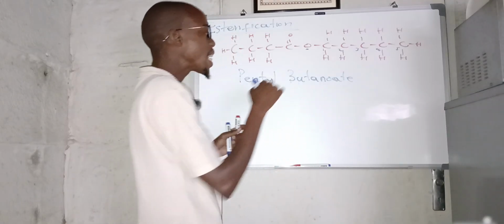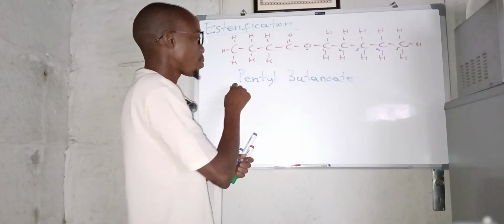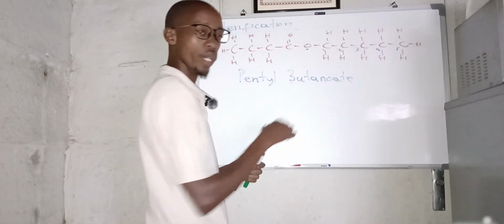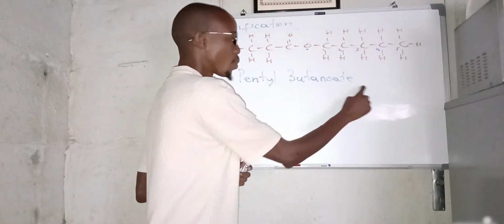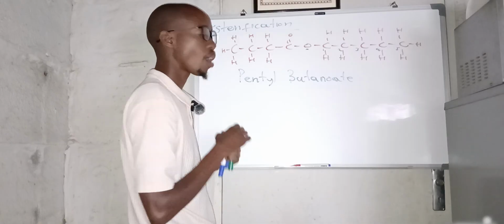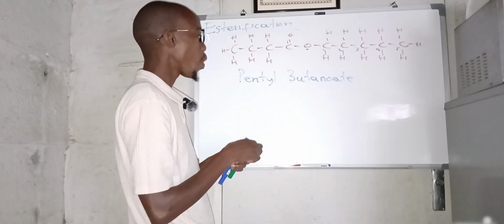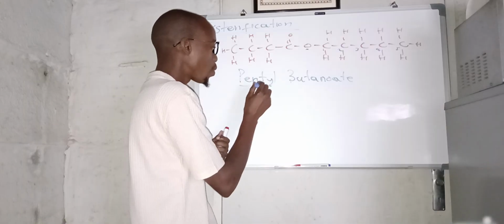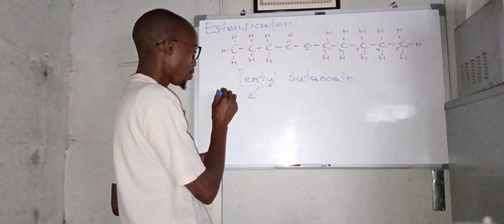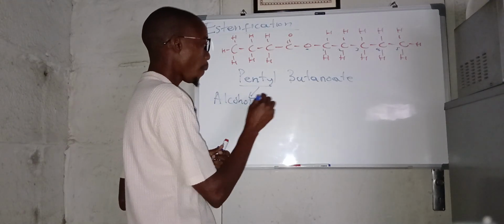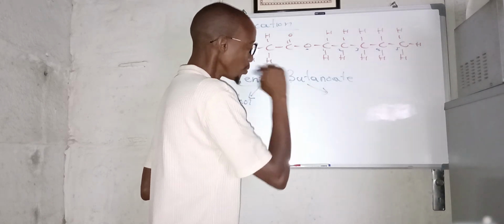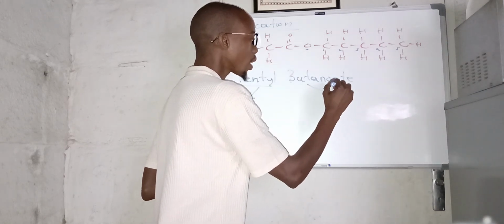So the name of this ester is going to be pentyl butanoate. That's how you name your esters, because where I see pentyl, I know this part is alcohol, and where I see butanoate, I know this part is carboxylic acid.